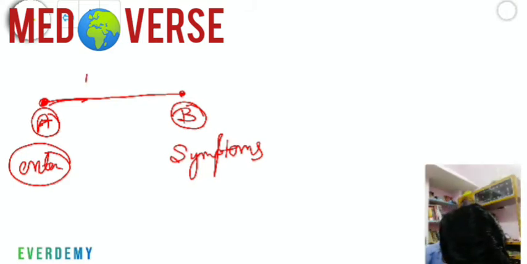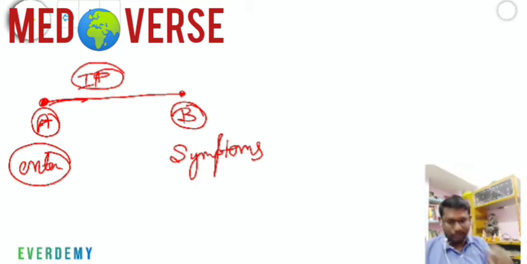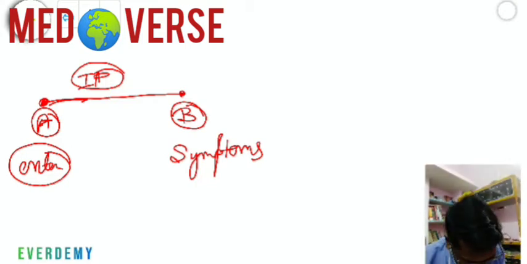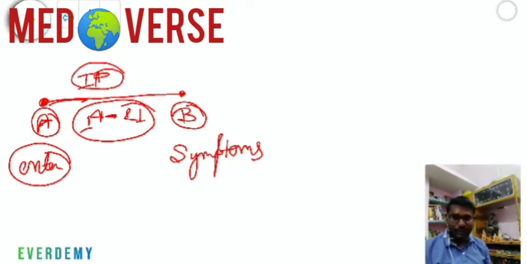We all know the time gap between the pathogen entering your body and the first symptom is known as the incubation period. In the case of typhoid, the incubation period is 14 to 21 days.